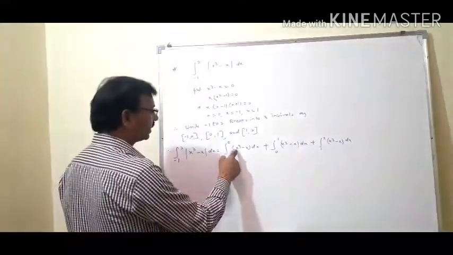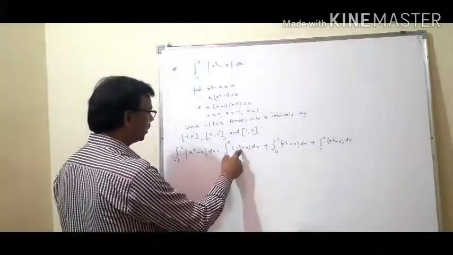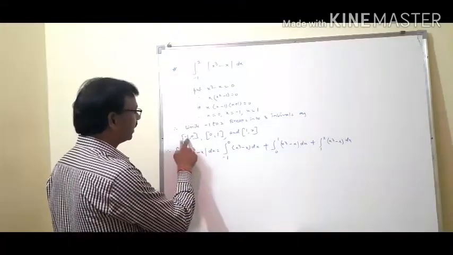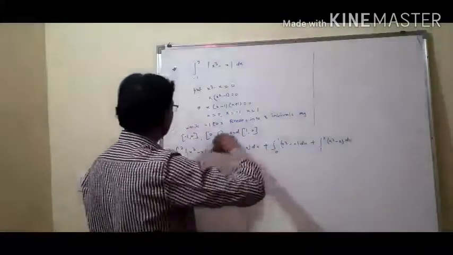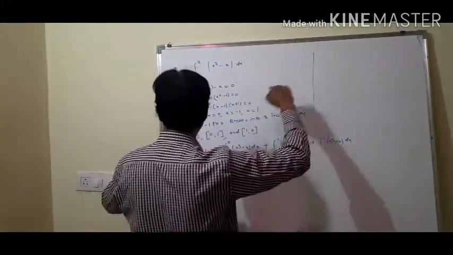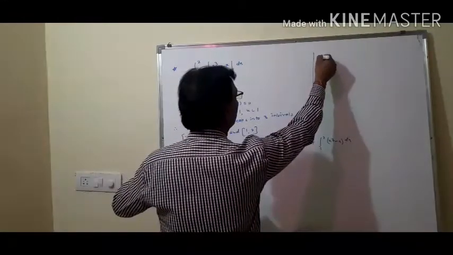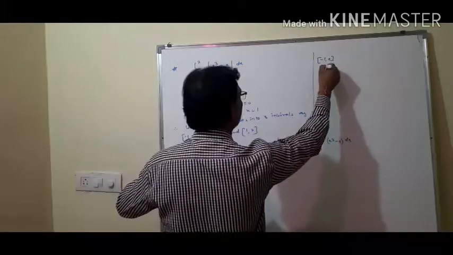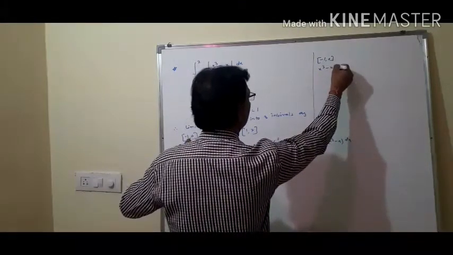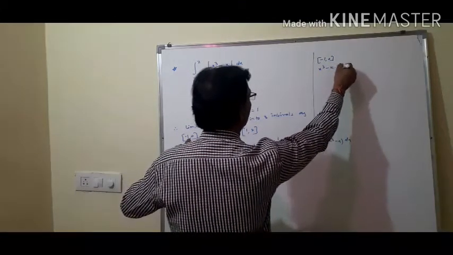Check whether x cube minus x is positive or negative in the interval minus 1 to 0. In the interval minus 1 to 0, x cube minus x will be greater than or equal to 0.